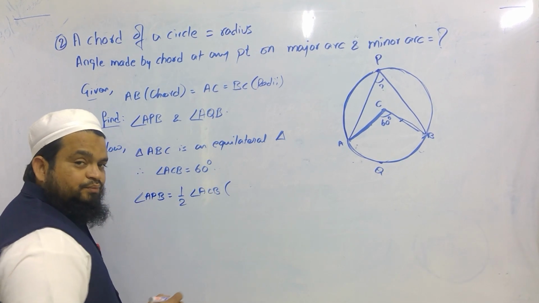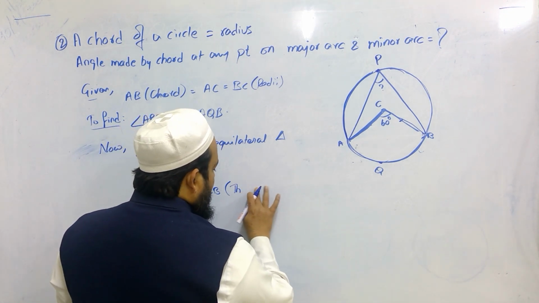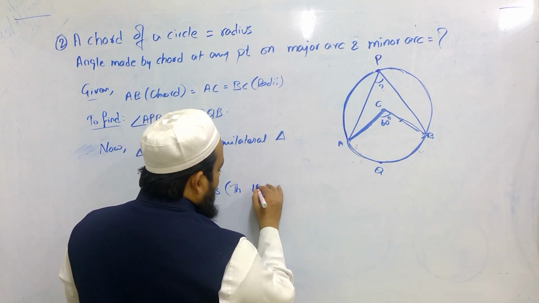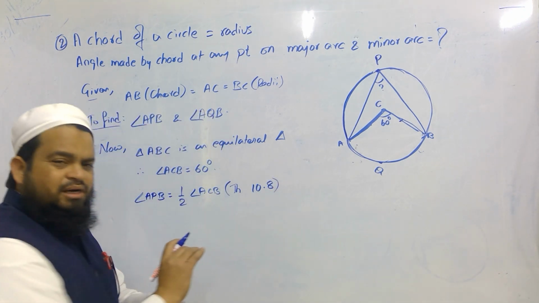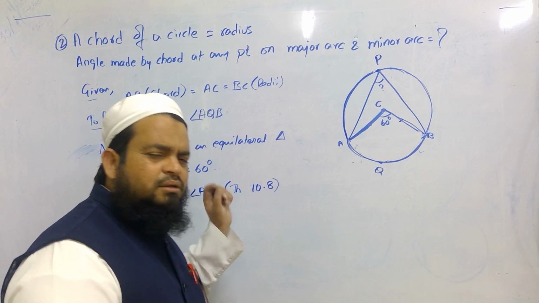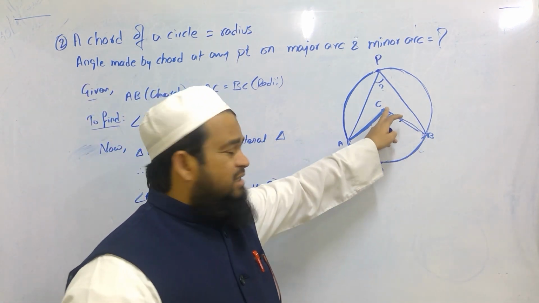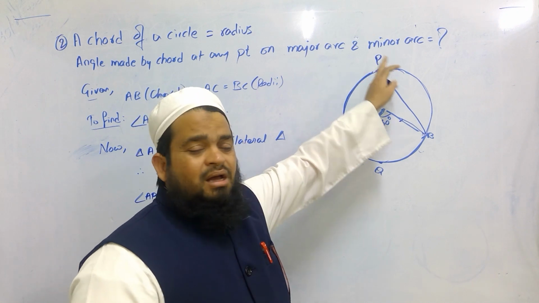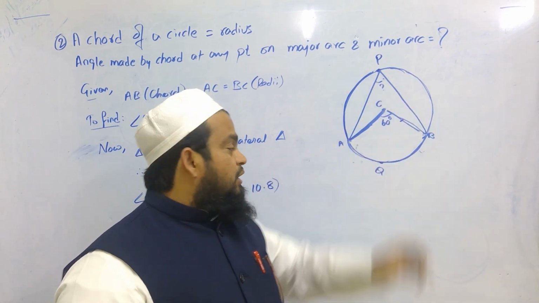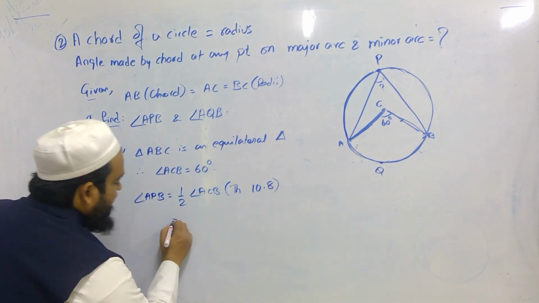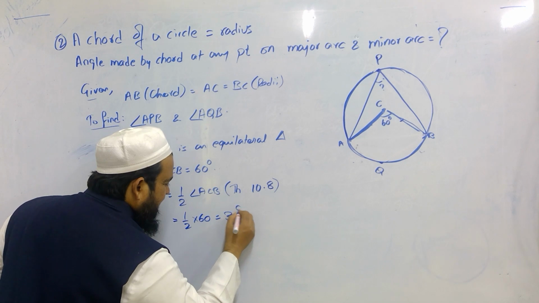What is the reason? You have to write the theorem, theorem 10.8. The angle subtended by the arc at the center is double the angle subtended at any other point on the circle. Therefore that is equal to half of 60 degrees, which is 30 degrees.